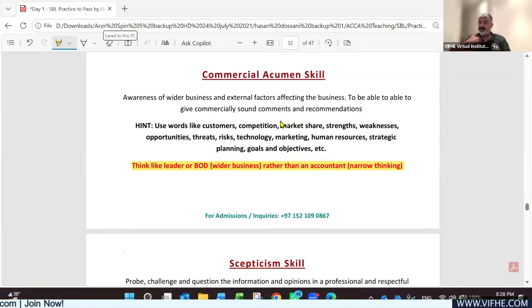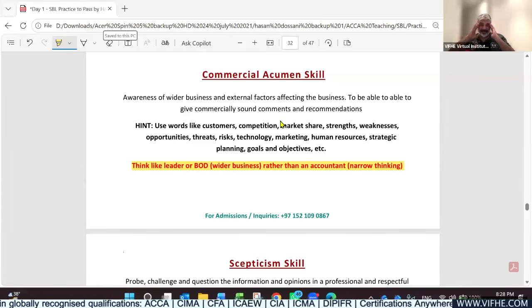But I am a CFO. Do you know what I think about? I don't think about costs. I think about revenues and profit. Obviously, I also think about costs, but my primary focus is how to increase revenue and profits.